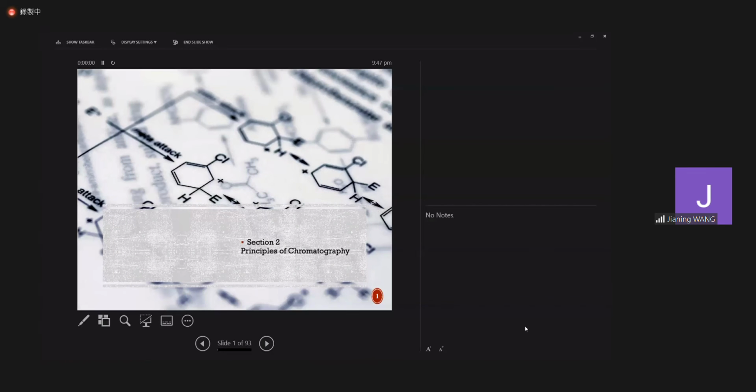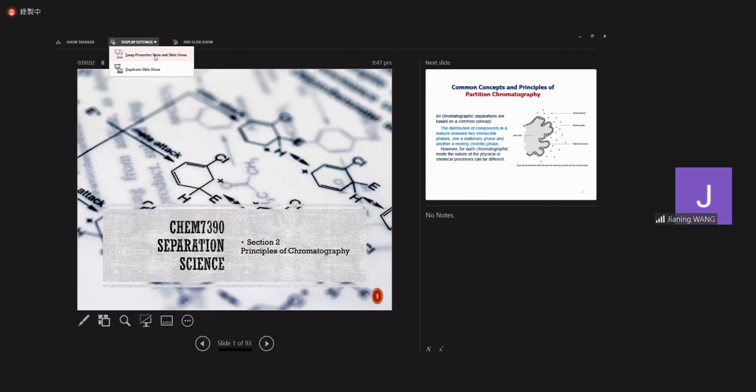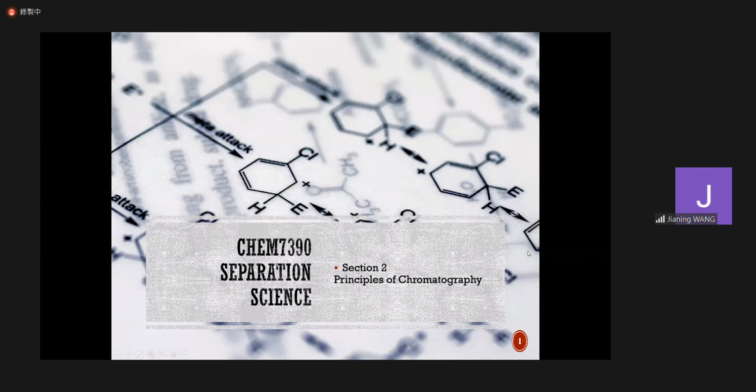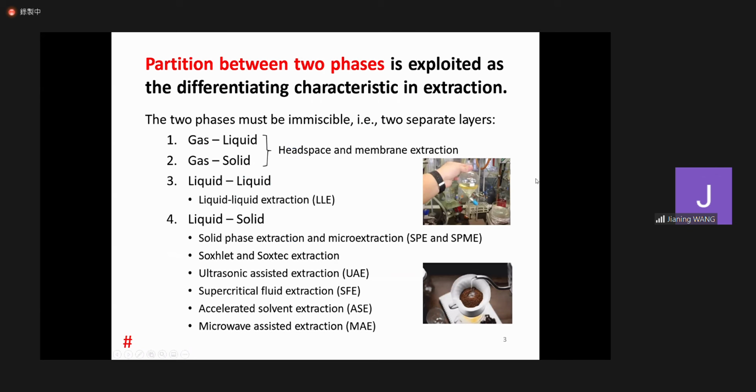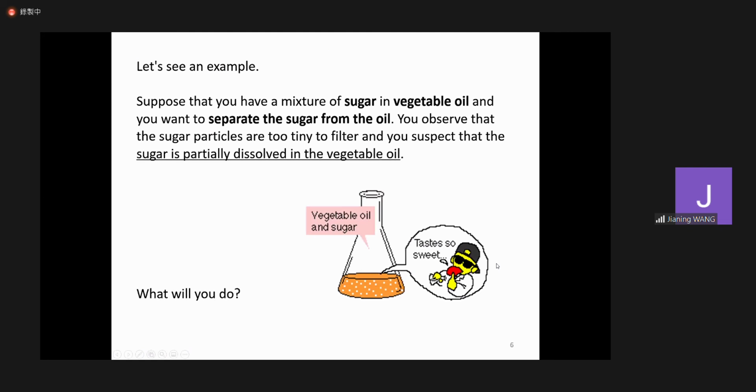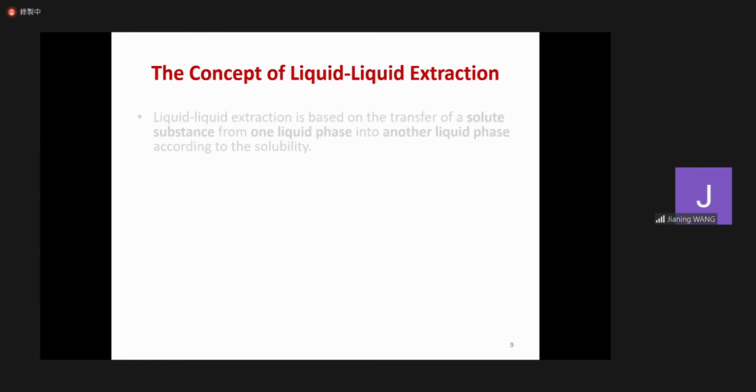Section 1 is actually the introductory part, so the core is from section 2. The major part is from section 2, because from section 2 we study the partition mechanism, but section 1 helps us understand what liquid-liquid extraction is.